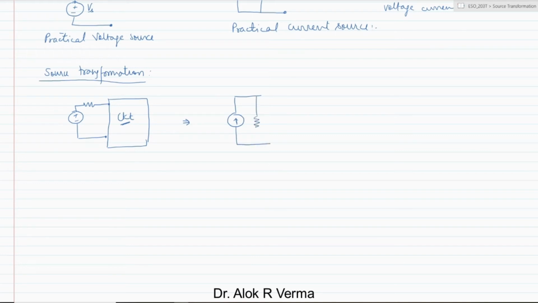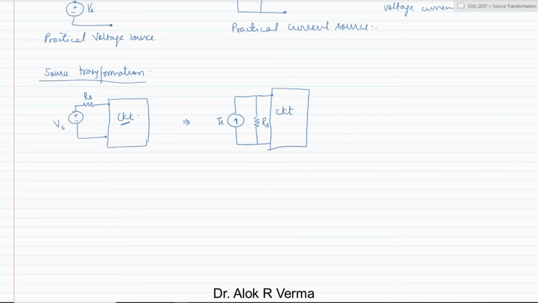This is the same circuit. Suppose this Vs and Rs are the magnitude of the voltage and the resistance here. Similarly, the current is Is and this is Rs. We want to convert this non-ideal voltage source to this current source. The whole process of converting this is known as source transformation.